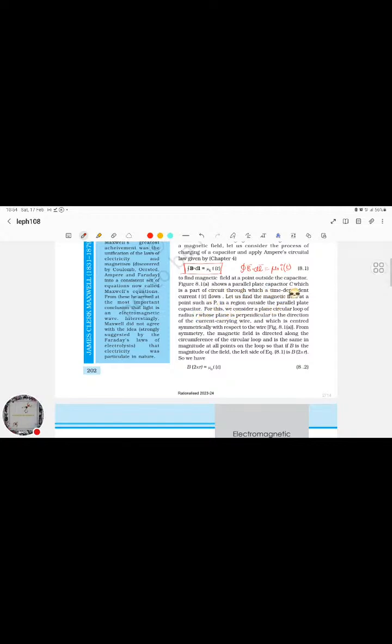Shows a parallel plate capacitor C, which is a part of a circuit through which a time dependent current I of t flows. So in the particular case we have a system with a parallel plate capacitor connected through a particular source which has a current that varies with time. Let us find the magnetic field at a point such as P in a region outside the parallel plate capacitor.